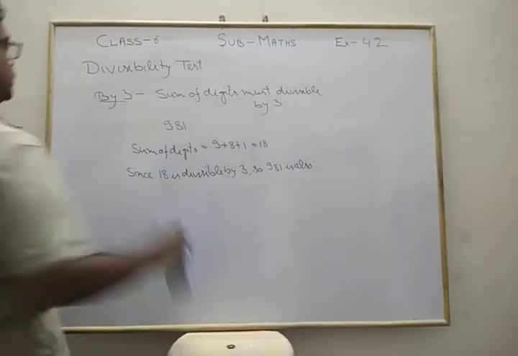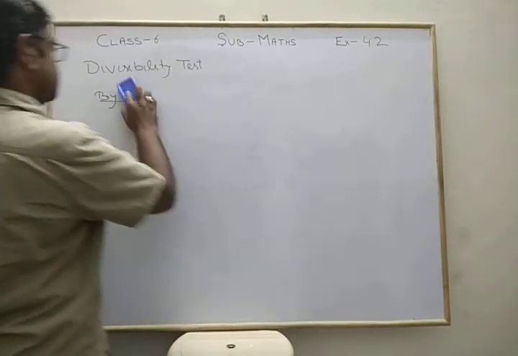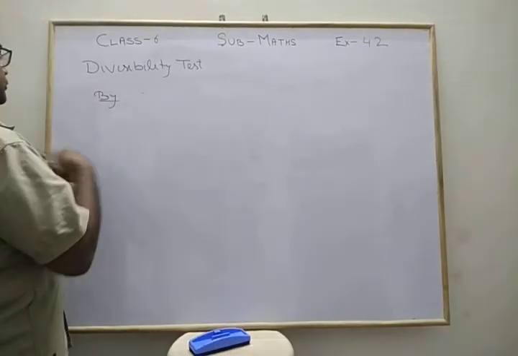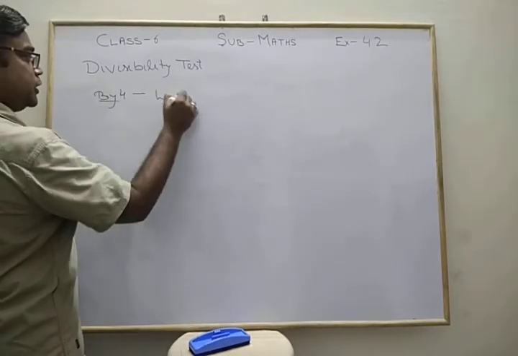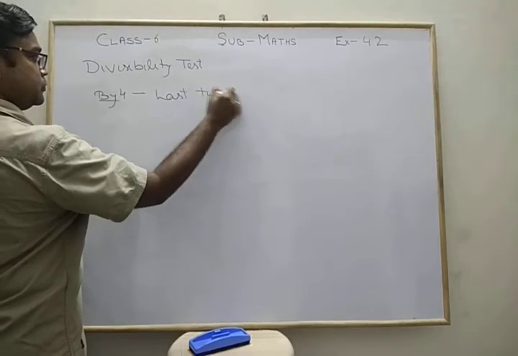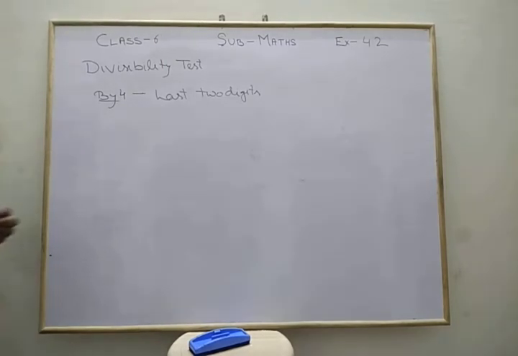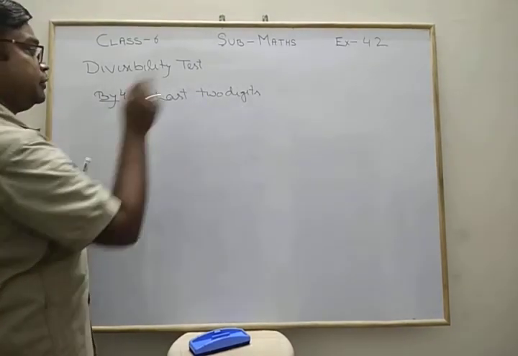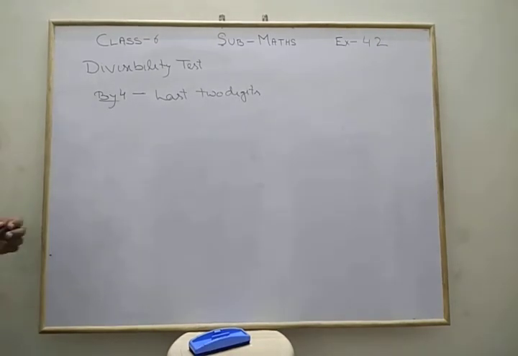If a question asks you to prove whether a given number is divisible by 4 or not, how do we find out? It's the easiest one. We choose the last 2 digits. If the number formed by the last 2 digits is divisible by 4, the number itself is divisible by 4.